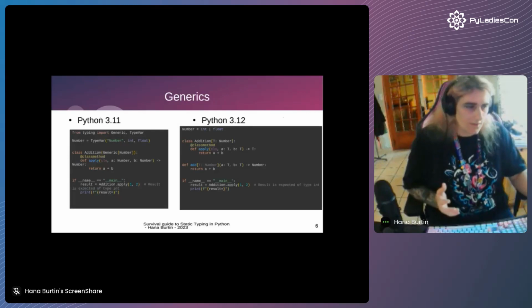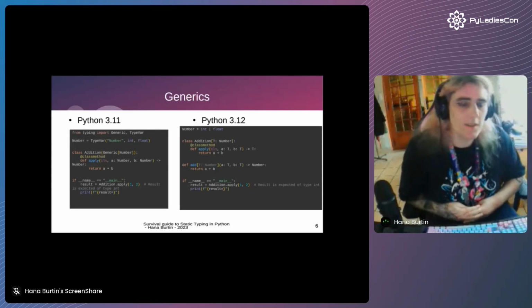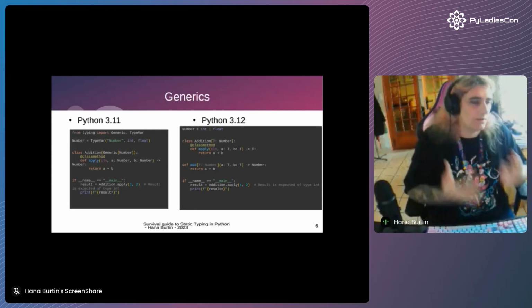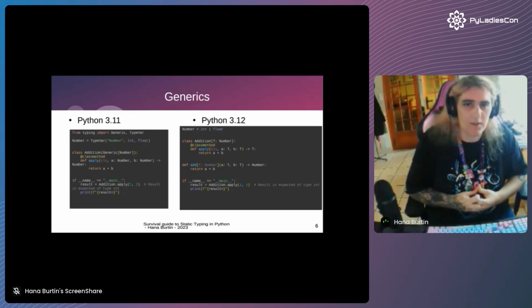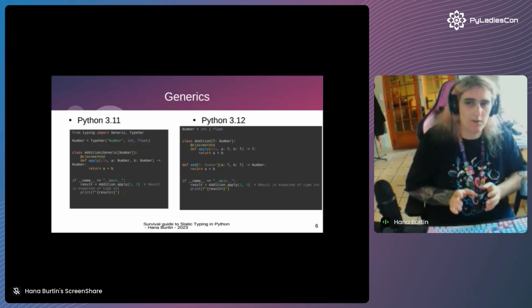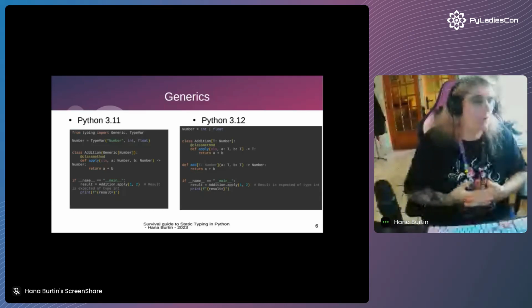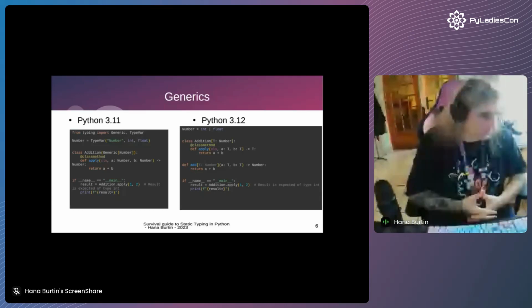So for static typing, to get really great at typing, you need to understand a few concepts. The first, and that's not the one you will use the most, but I will get to later why you want to use generics and when you want to understand how generics work.